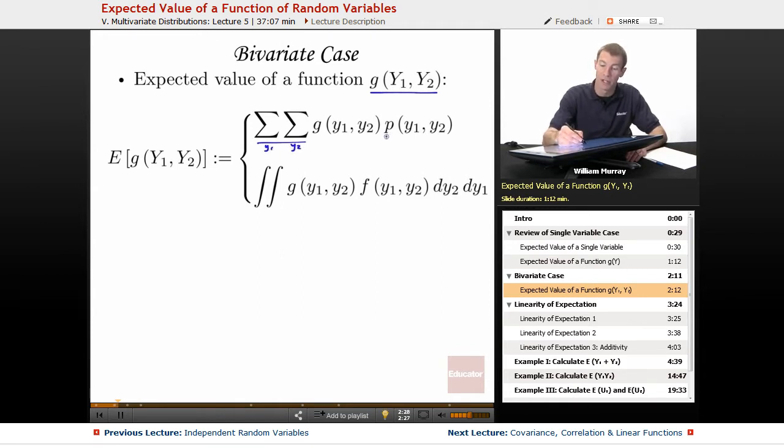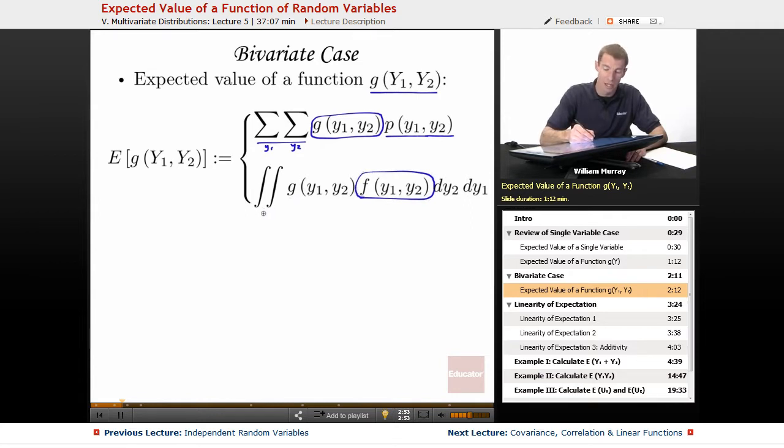We still have the probability function, except it has two variables now, p of y1, y2. And then the expected value of g of y1, y2, you just multiply it on. Instead of g of y, we have g of y1, y2. So it's very similar to the single variable case, except that we have a y1 and a y2. In the continuous bivariate case, we still have that joint density function f of y1, y2.